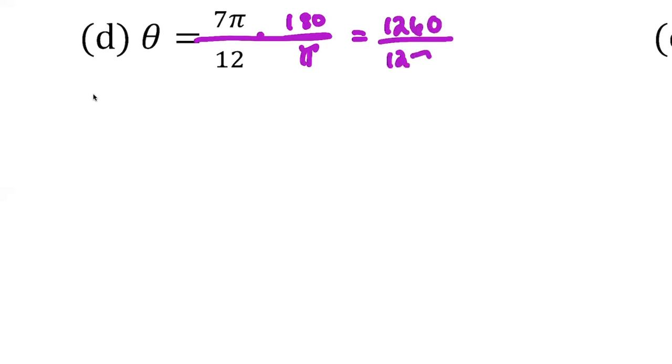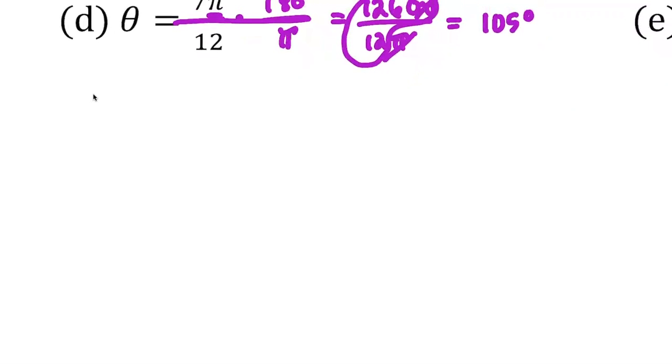On the bottom, 12 times pi, I'm going to leave as 12 pi. There is still a pi up here, and the pi's are going to cancel, which is why that's all you have to divide. 1,260 divided by 12 gives us 105 degrees.